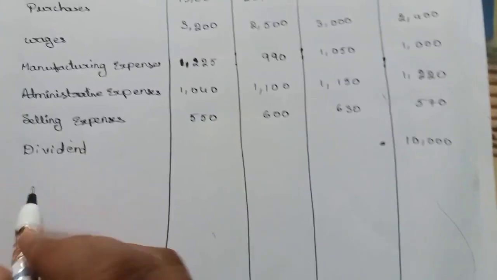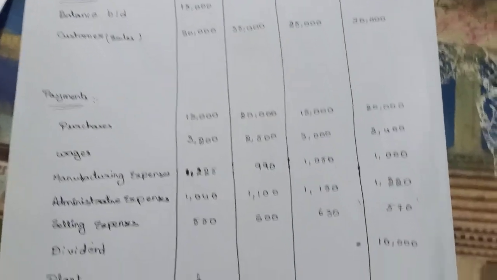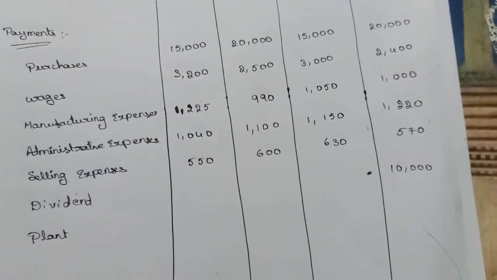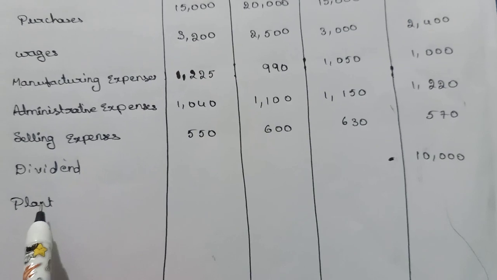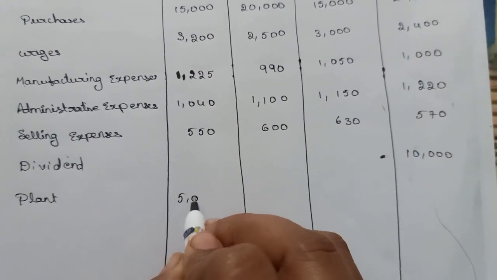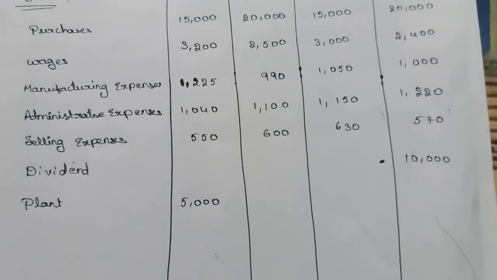So you have to mention the plant in the month of January as 5,000. You have to identify the plant in the month of January as 5,000. Okay, next one is the building.